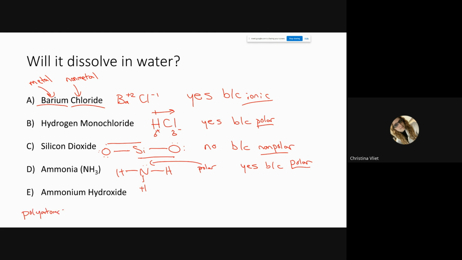And if you know they're called polyatomic ions, it means they have charges, and if they have charges, will they dissolve in water? Yes. NH4 plus 1. Hydroxide is OH minus 1. We have those charges there, and the answer is it's ionic, right? So yes, because ionic, because there are ions there.